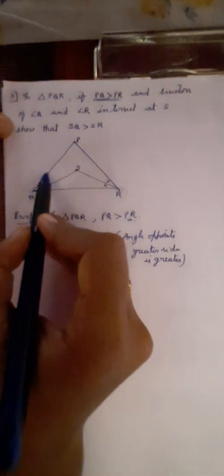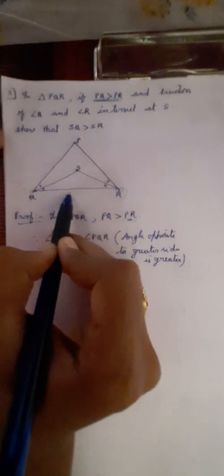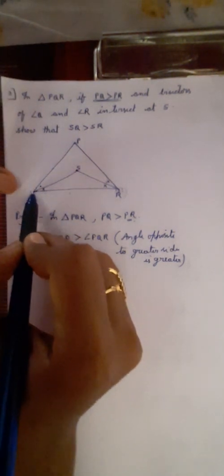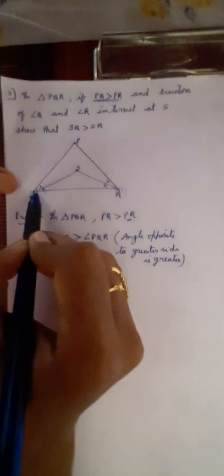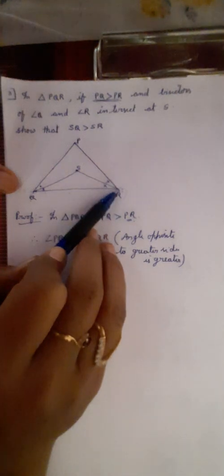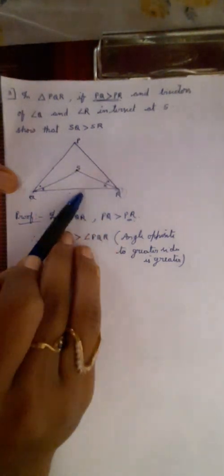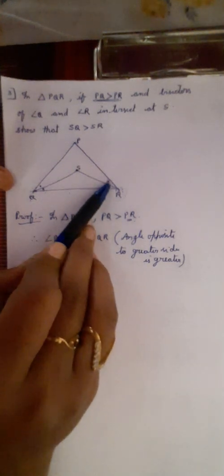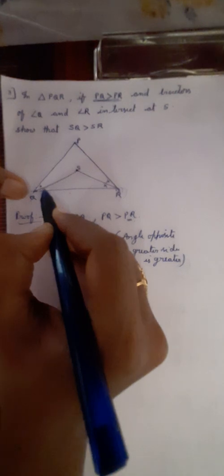So angle Q is divided into two equal angles by the bisector QS, and here SR is the bisector. So bisector SR cuts the angle R into two equal angles.